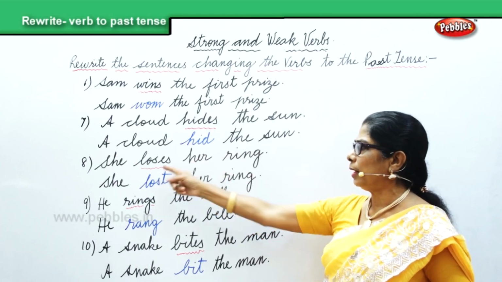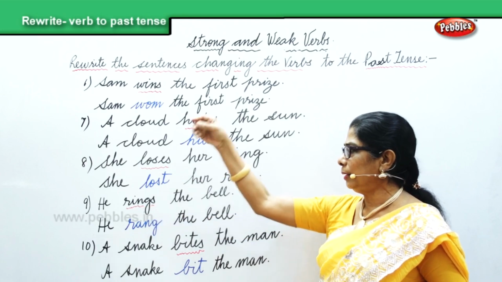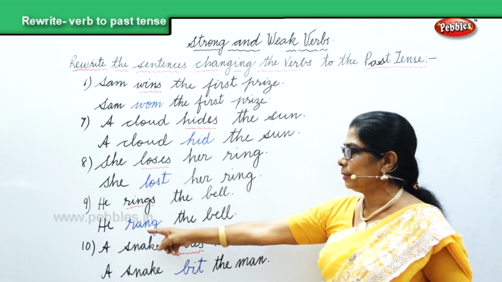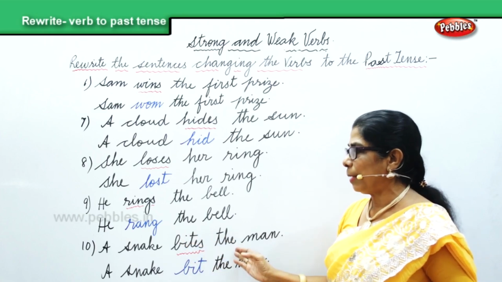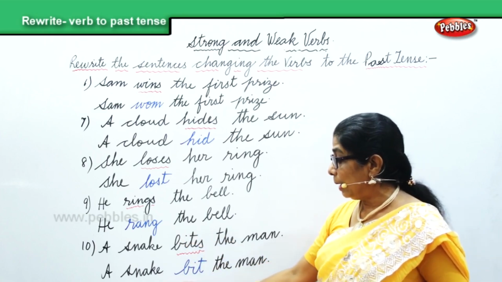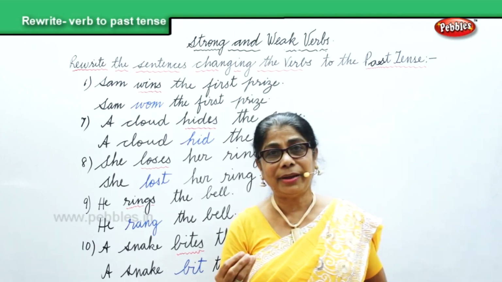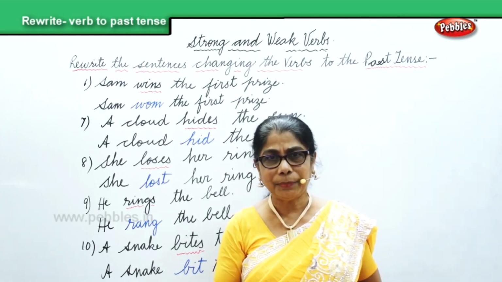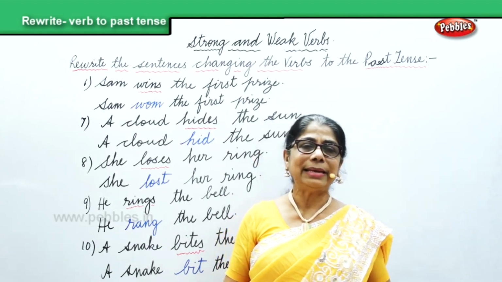She loses her ring: she lost her ring. He rings the bell: he rang the bell. A snake bites the man: a snake bit the man. So now we have learned to identify the verb and change it into the past tense in the sentence given.